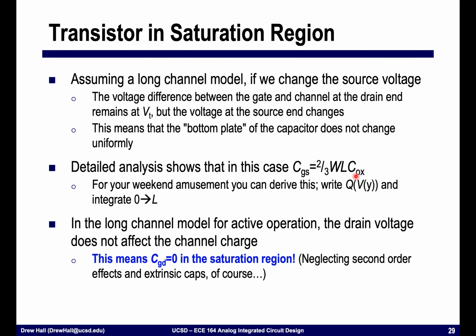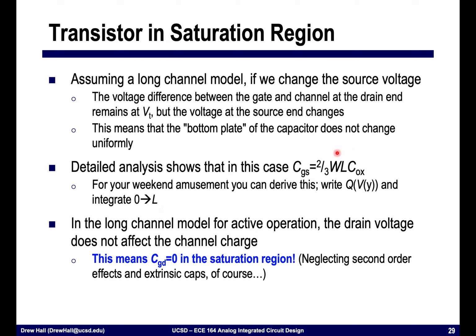So in saturation, all of the capacitance goes to CGS, but it is 33% smaller than the total capacitance that we would see in triode. If you really want to do this weekend, you can write the charge in the channel as a function of voltage and integrate from 0 to L, and you will be able to prove this capacitance.